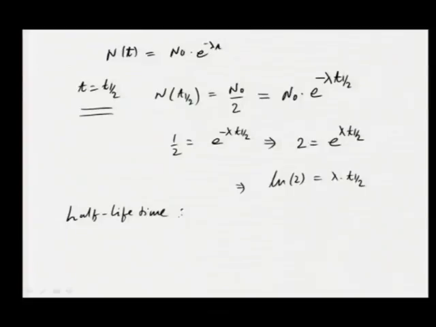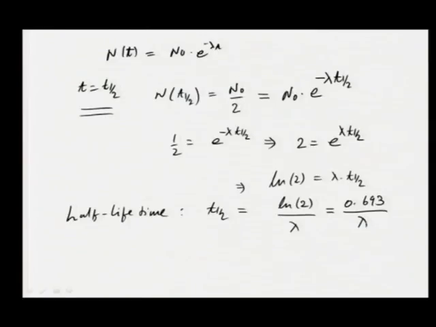So, half life t half is equal to the logarithm of 2 divided by the decay constant lambda, where log 2 can be written as 0.693, truncating it to the third decimal place, divided by lambda.